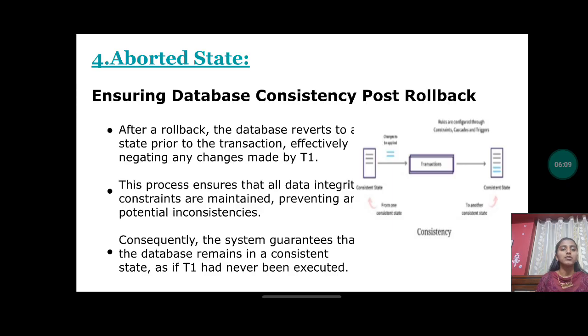This process ensures that all the data integrity constraints are maintained, preventing any potential inconsistency. Consequently, the system guarantees the database remains in a consistent state as if T1 had never been executed. The money transaction should be either fully aborted or fully executed, and should not be in error or fluctuation. That leads to inconsistency, and this is what the aborted state refers to.